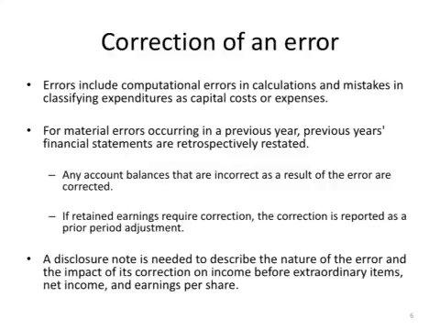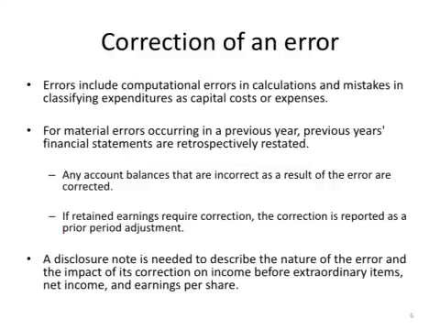If an error is material, the previous year's financial statements must be retrospectively restated. These are any financial statements that are presented for comparative purposes. So any account balances that are incorrect are corrected. And if the change affects income, then we would adjust retained earnings. And that's what we call a prior period adjustment.